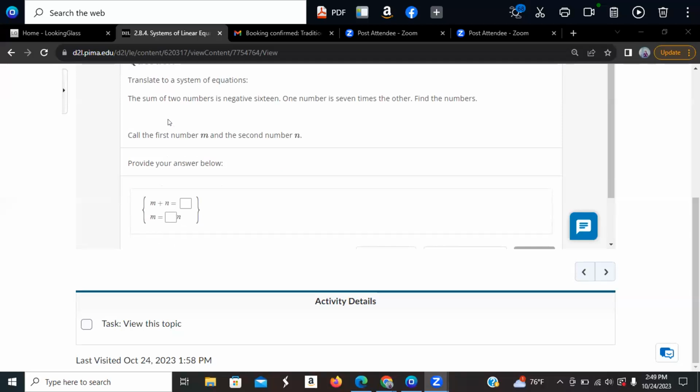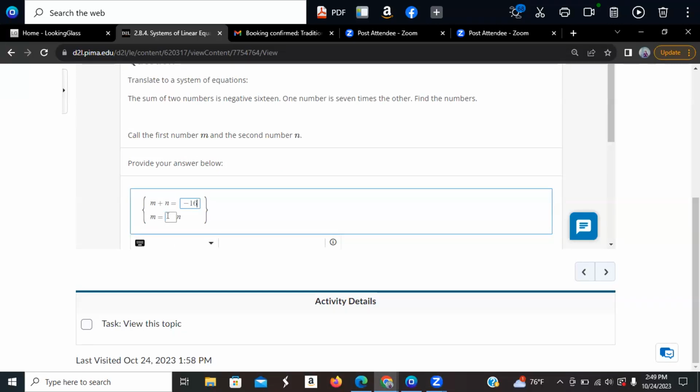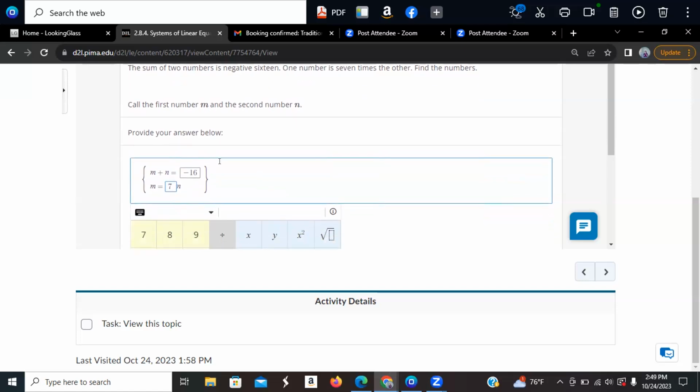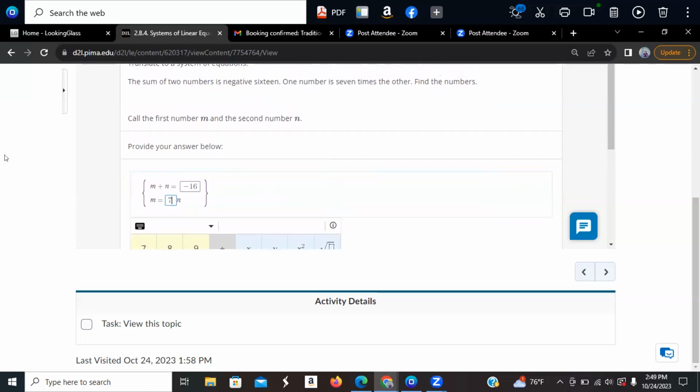Okay, try to set up the equation here. Would that be the answer? Yes, perfect.